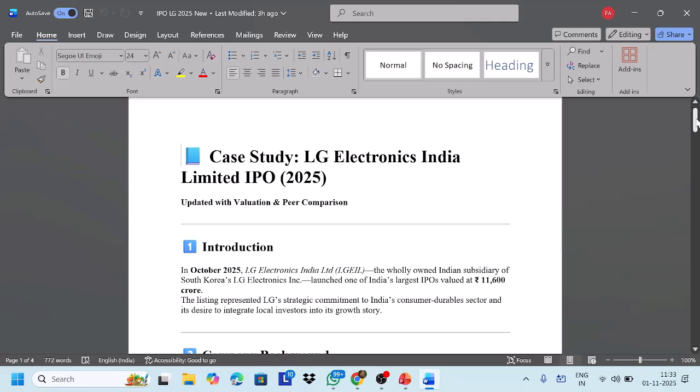Okay. So case study, can you read, Mananya? Case study: LG Electronics India Limited IPO 2025, updated with valuation and peer comparison.